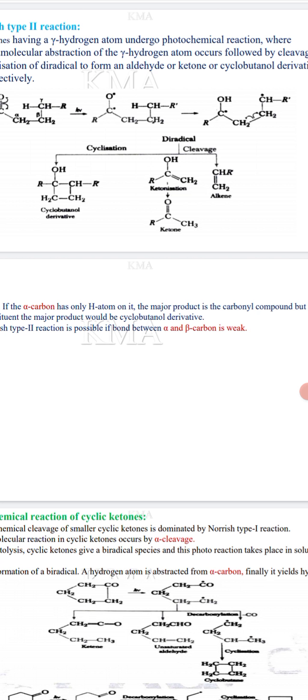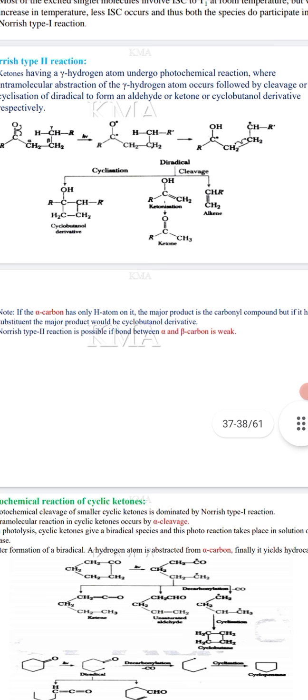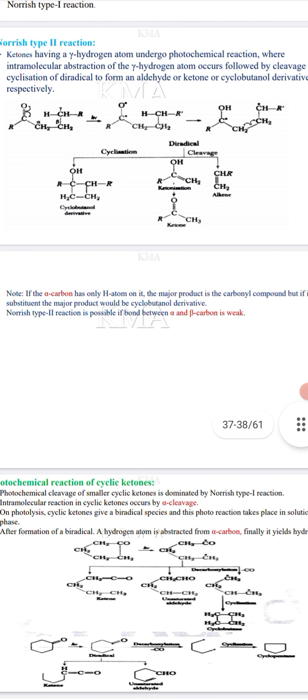So this type, the gamma hydrogen or type 2 reaction, happens in compounds having at least one gamma hydrogen atom. Cleavage happens at the beta carbon atom to form two products, a ketone and an alkene, that is, formation of a 1,4 biradical happens, and this undergoes cleavage again to form a ketone and alkene.